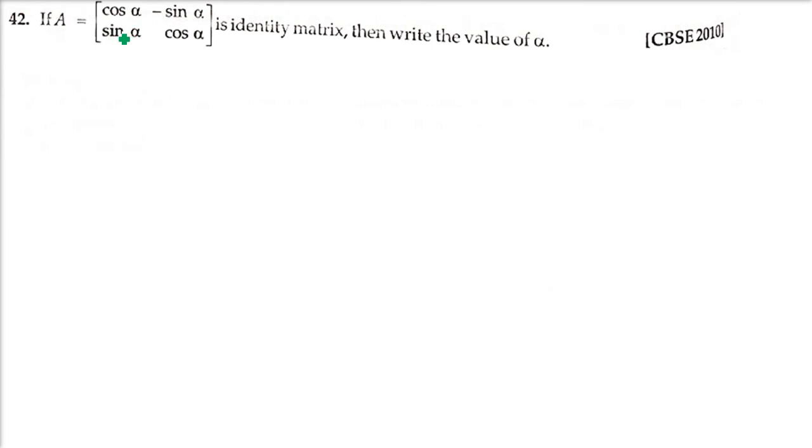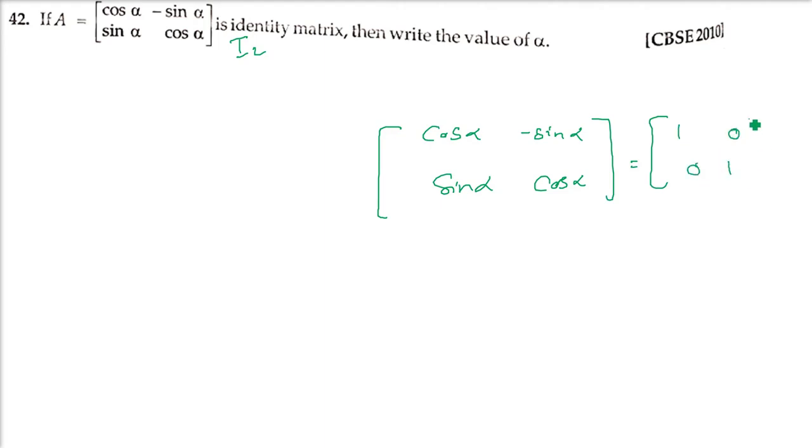If this is an identity matrix, then write the value of alpha. Okay. Identity matrix I2 has diagonal 1, 1. So this is I2. So you have cos alpha, minus sin alpha, and cos alpha. So this is the identity matrix. So 1, 0, 0, 1. So cos alpha equals 1 and sin alpha equals 0.